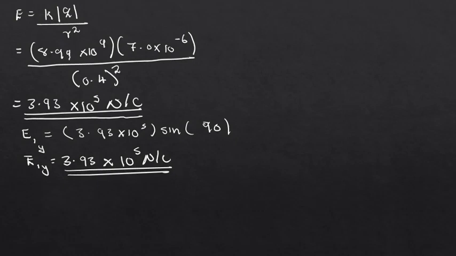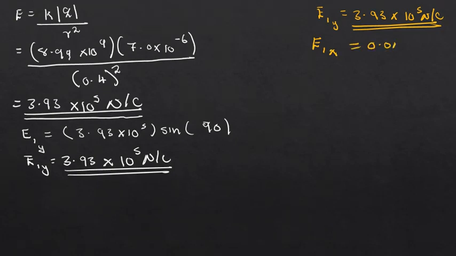So we can write this answer here: E1y is equal to 3.93 multiplied by 10 to the power 5. Then of course E1x, we already know it is 0.0 newton per coulomb.